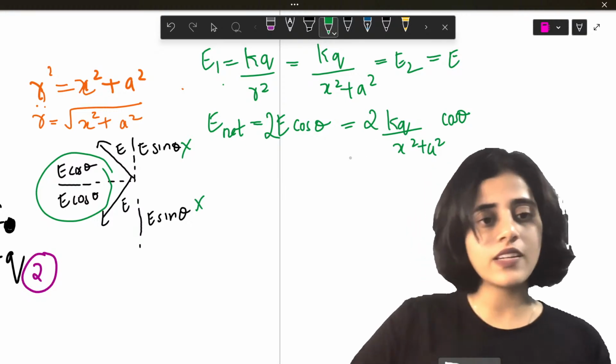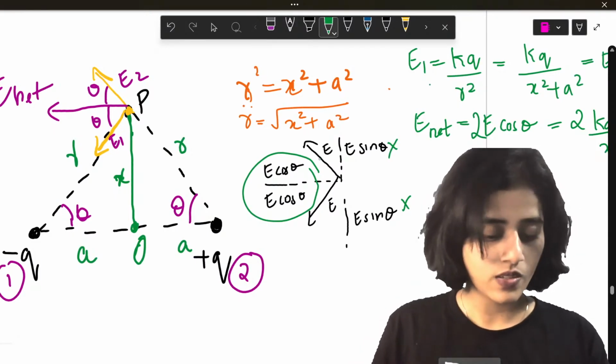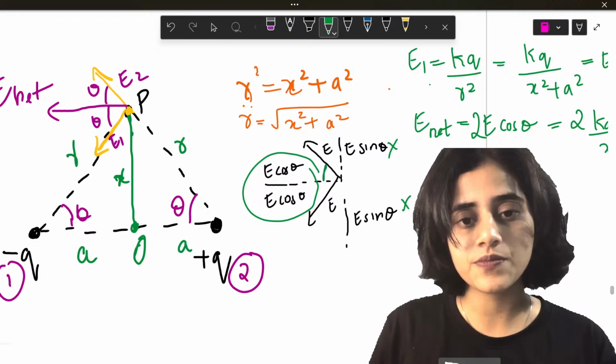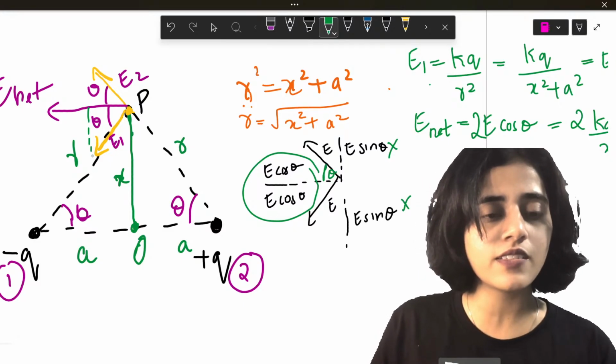Now what is cos theta? If this is theta, cos theta will be, let's just take this triangle.